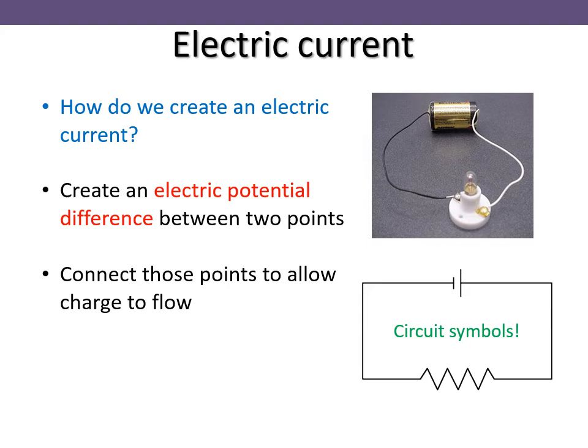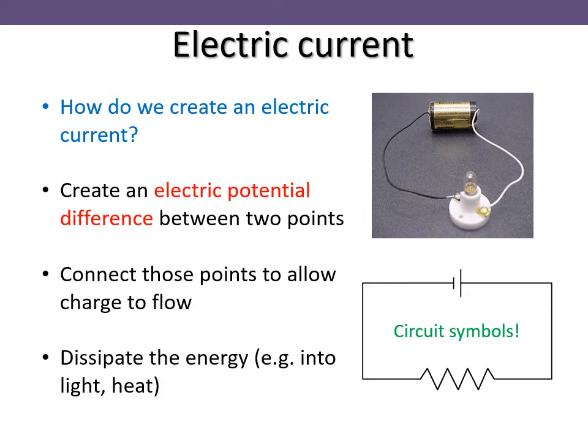So circuit symbols we'll get up to in chapter 8, I think it is, when we start looking at actual electric circuit diagrams, but just some simple circuit symbols. The top there, the large line with the small line beside it, that represents a cell or a 1.5 volt battery, and then the zigzag jagged line represents a resistor or some resistive element.